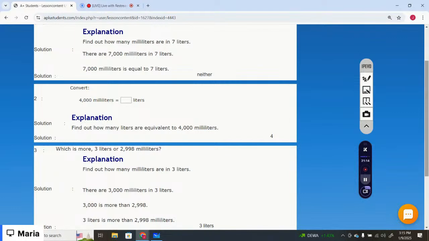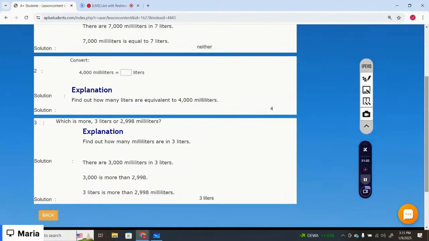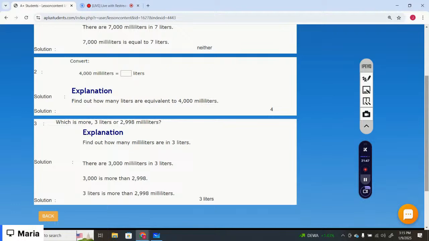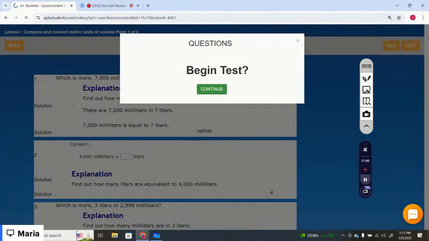Which is more, 3 liters or 2998 milliliters? 3 liters equal 3000 milliliters, right? So 3000 milliliters is more than 2998. So 3 liters is more than 2998 milliliters. Let's just start with the test questions.